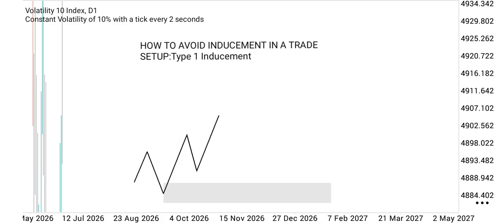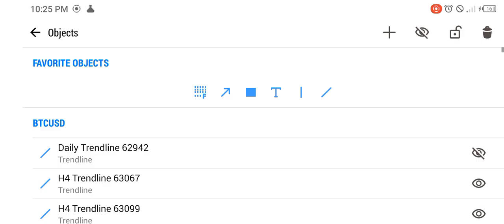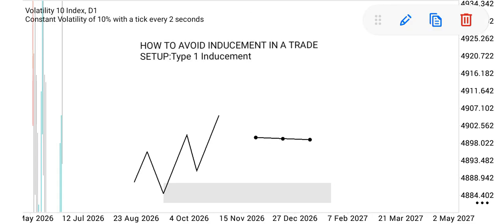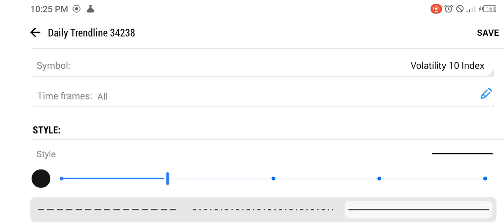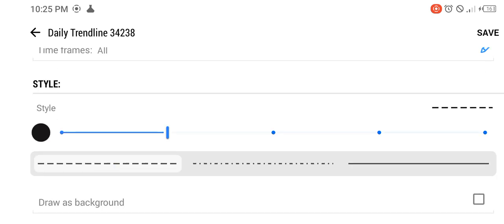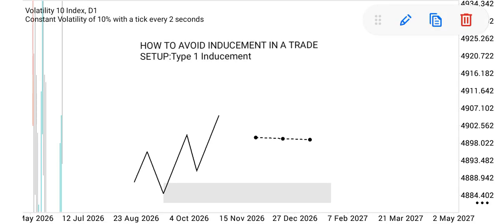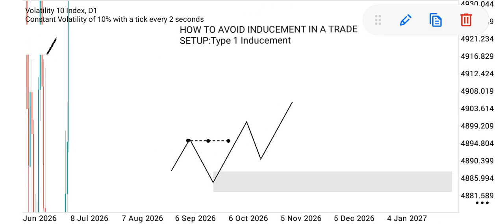Now look at something here. We have a clear break of structure here, which is already formed. But we see another break of structure again upward.